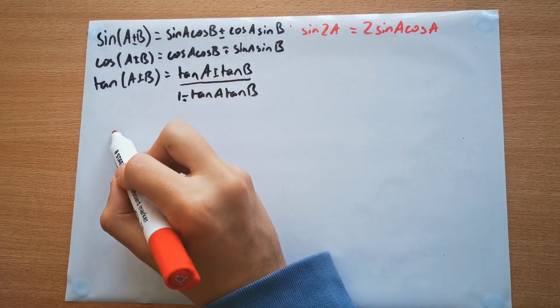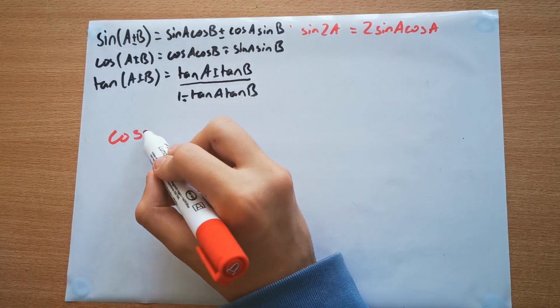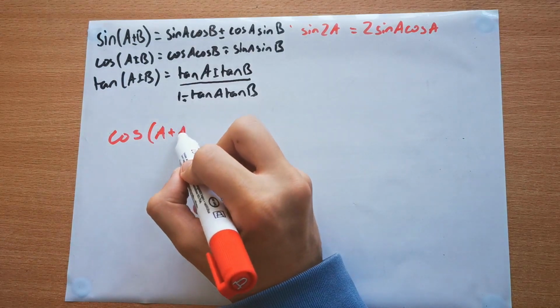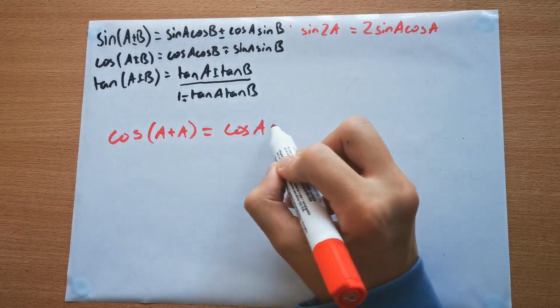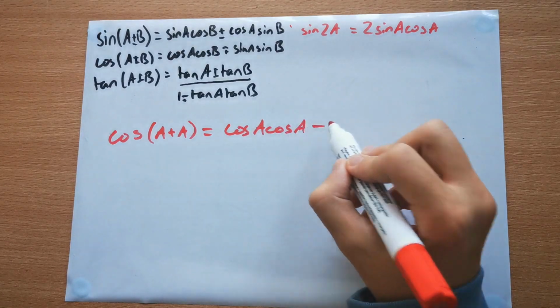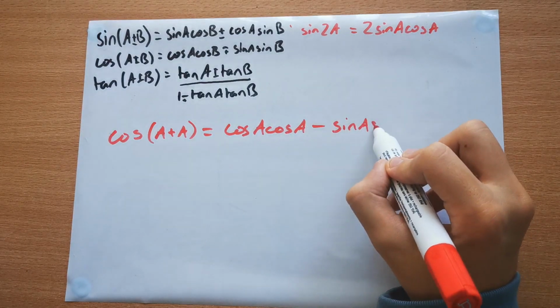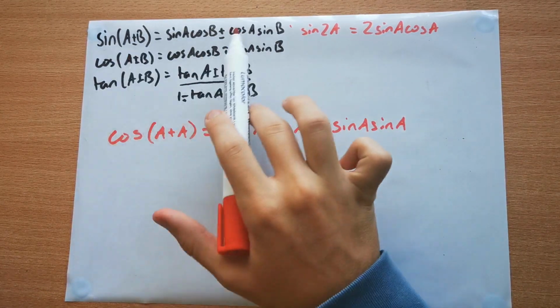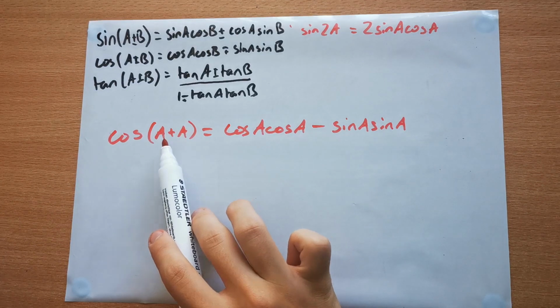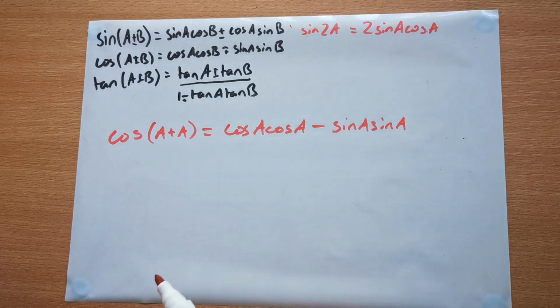Okay, now let's go for cos. Cos(A + A) is going to be equal to, well, we'll write it out this way, cos A cos A minus sin A sin A. As you see, if it's got plus, it's a minus. Remember, there'll never be a minus in here because A minus A is 0.